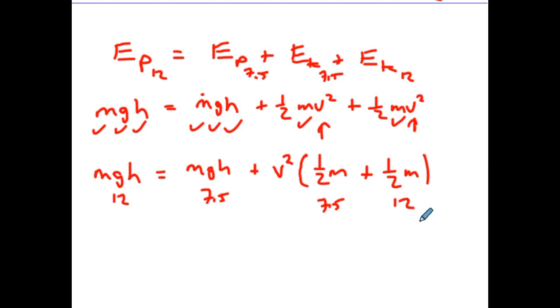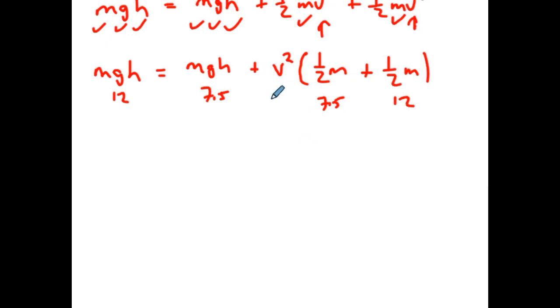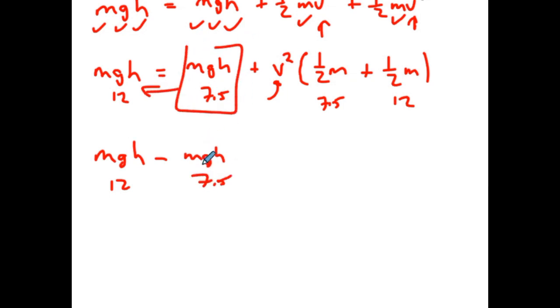In order to continue to isolate this for velocity, because we need to know what that speed is there, we have to do a few things. We have to take the mass gravity height of the 12, subtract the mass gravity height of the 7.5, and that's really bringing this term to the other side. We bring it to that side by subtracting.